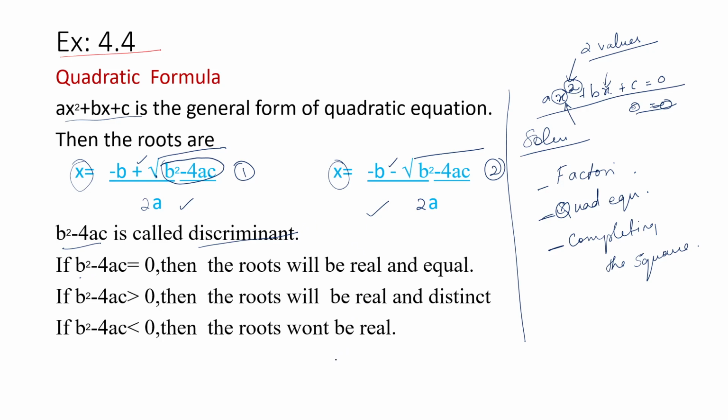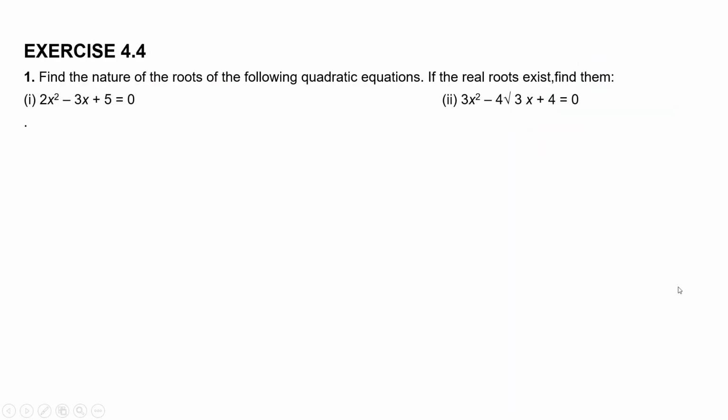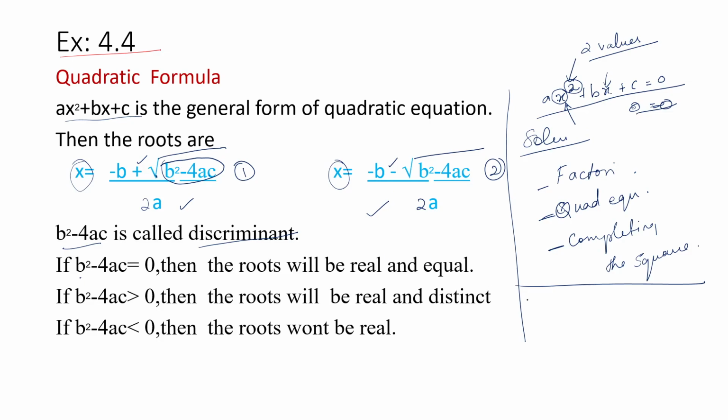Three types we can get. How is it possible? See here, the solution is minus b plus or minus root of b square minus 4ac by 2a. This is the major determinant of the nature of the roots.